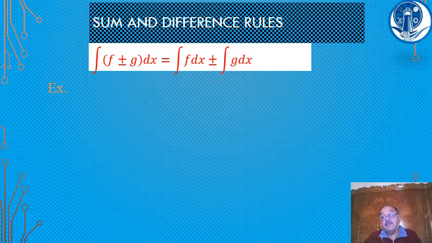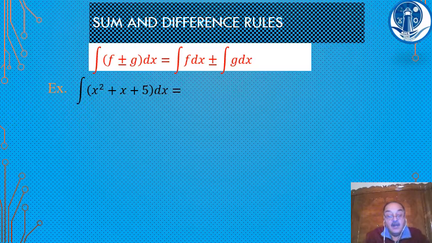Okay, come back again. The integration of x squared plus x plus 5 dx equals, can you help me? The integration of x squared plus the integration of x plus the integration of 5.